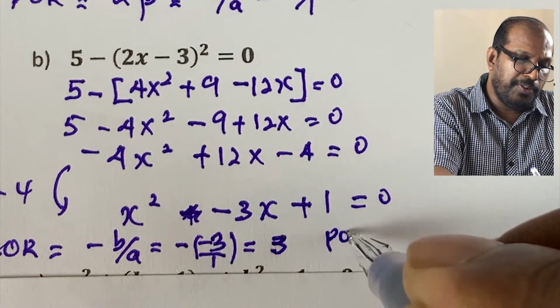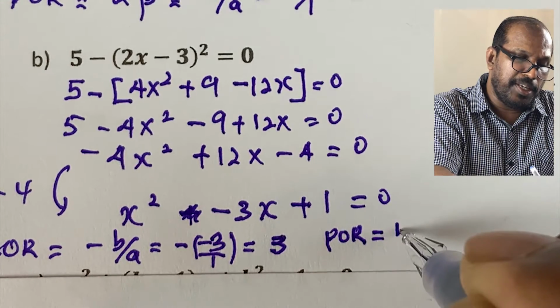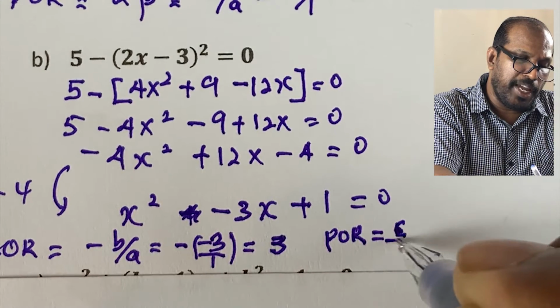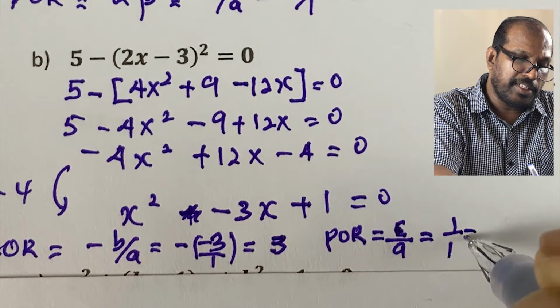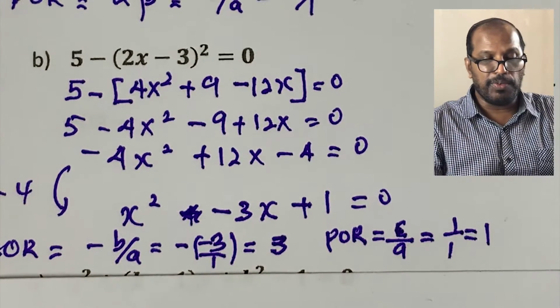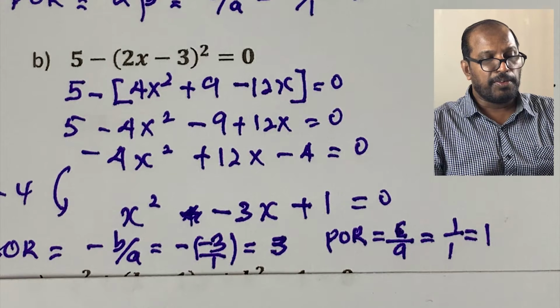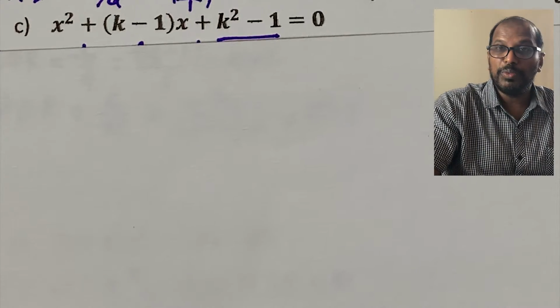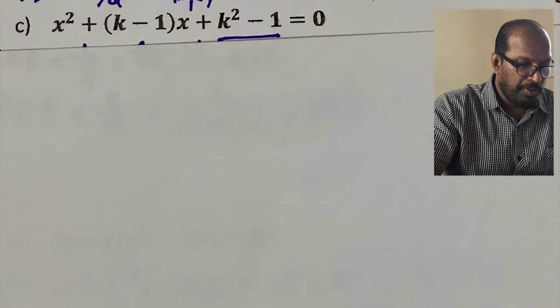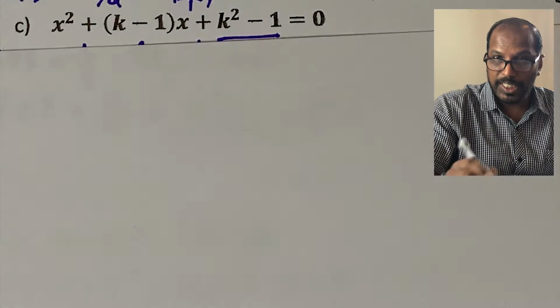And the product of the roots equals c over a, which equals 1 over 1, that's equal to 1. So now you got the answer for question B. Okay, now we continue with model 4, question number 4C.